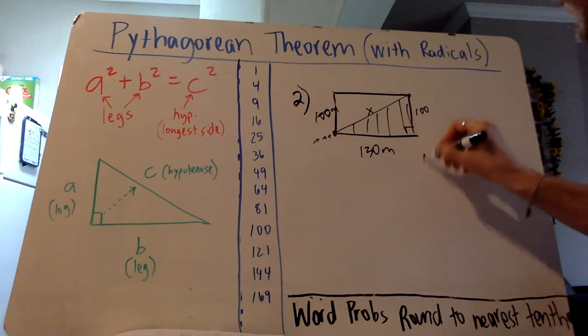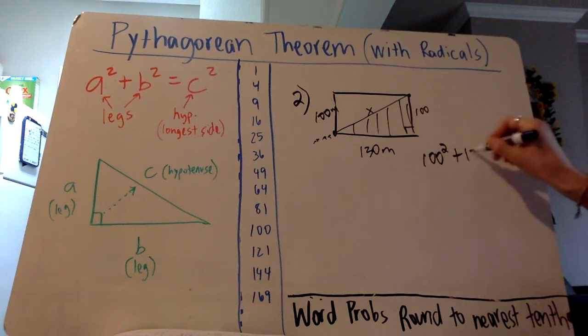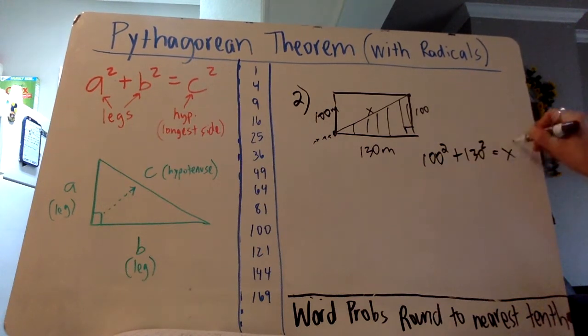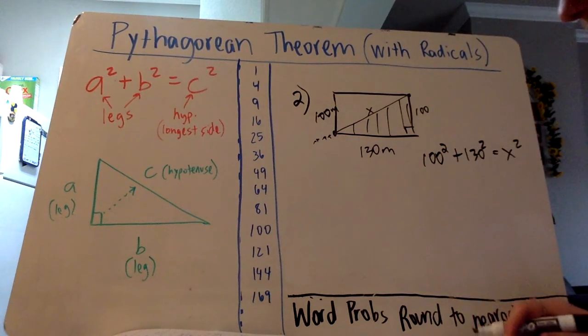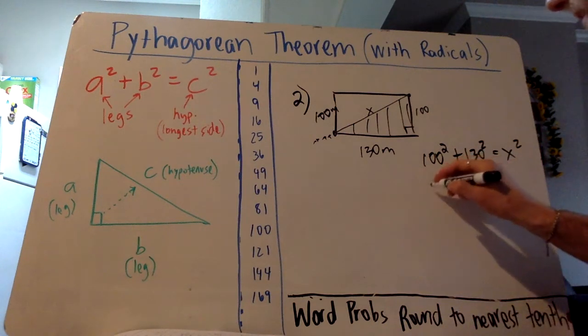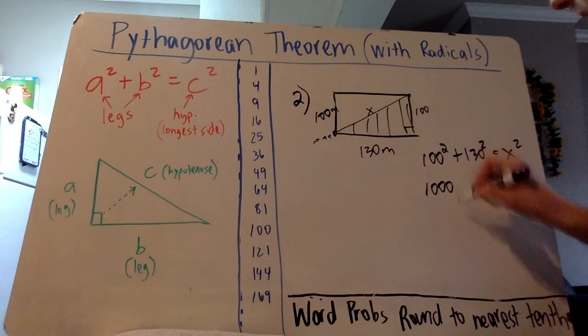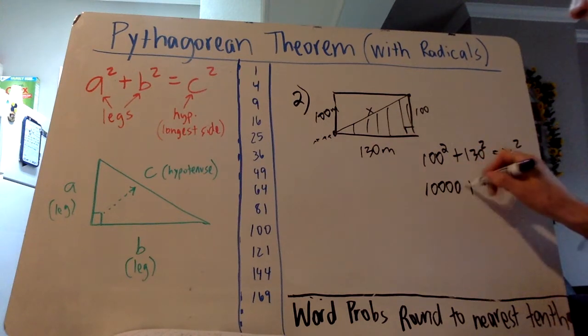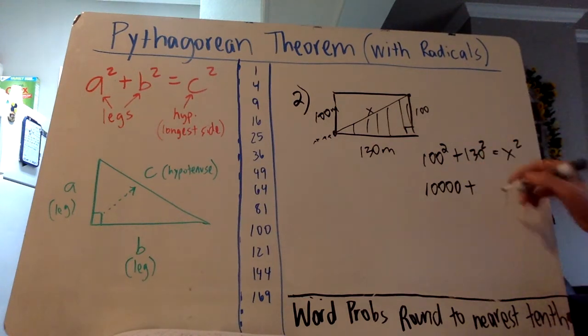So now you've got 100 squared plus 130 squared equals x squared. All right, and then 100 squared, what is that? 10,000 plus 130 squared.